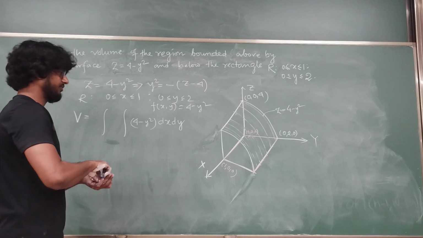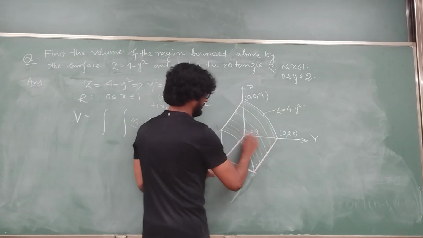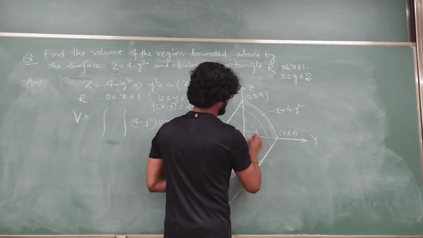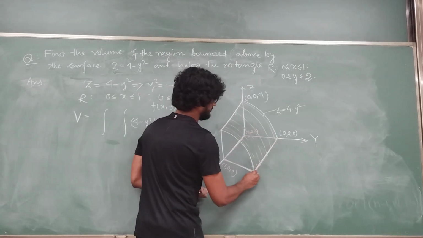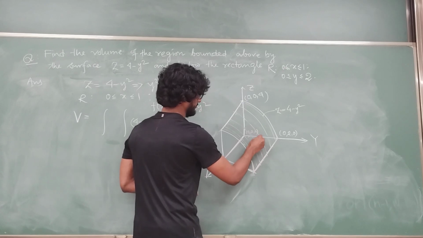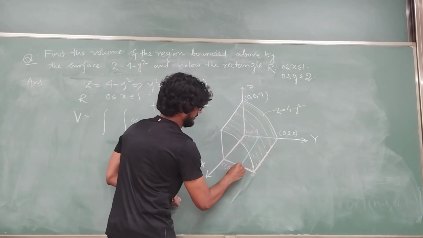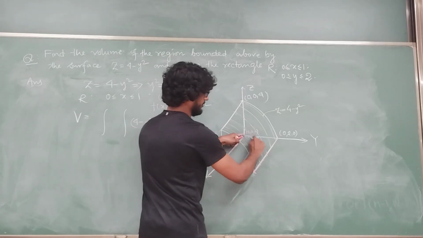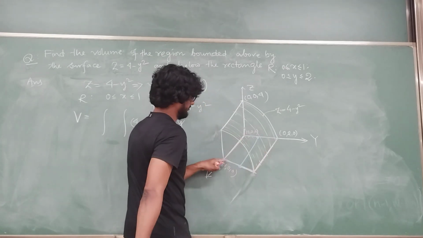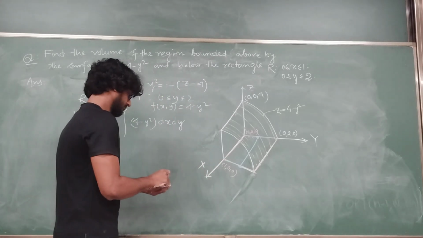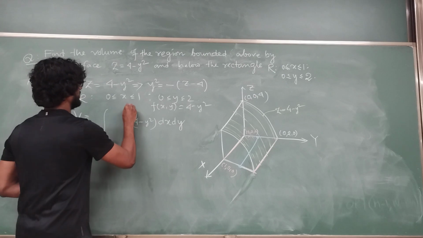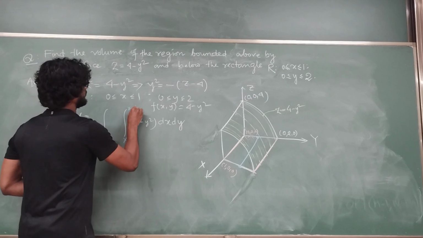So x will vary from here, x equals 0, to here, x equals 1. So x equals 0 to x equals 1.